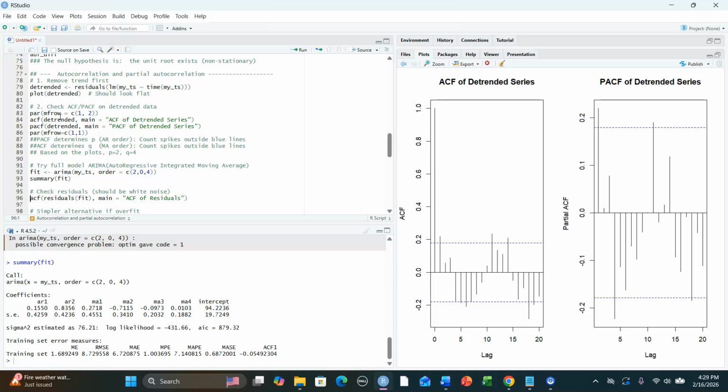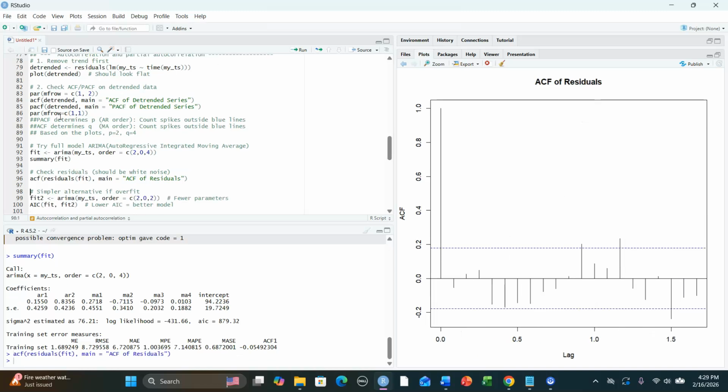And we can check the ACF for the residuals. It should look like white noise, but it seems like there are still some spikes there. So the model fit may not be very good. We can try some alternatives, because maybe it's overfitting.